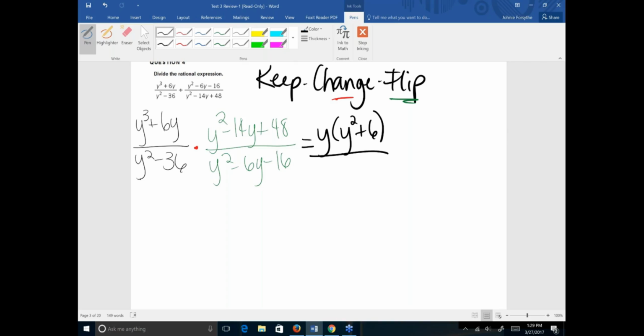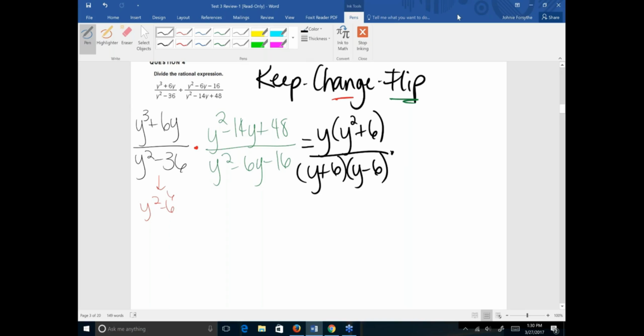No, I don't have a GCF, but I do have difference of 2 squares. So this is the same thing as y squared minus 6 squared. So then that would be y plus 6 times y minus 6 times.